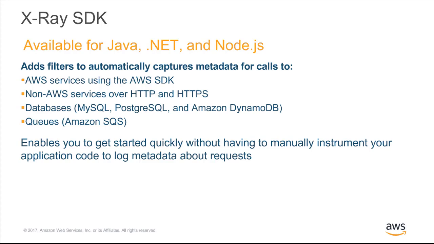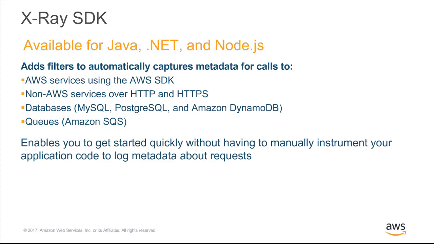So let's look at each of the individual components that I mentioned before. Let's talk about the X-Ray SDK. As I mentioned, the different components that you interact with are the SDK, the daemon, and then the service itself via the APIs. The X-Ray SDK is available for Java, .NET, and Node.js. These are available as GA.